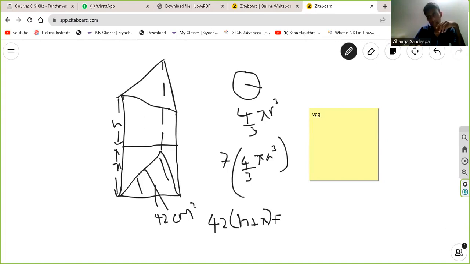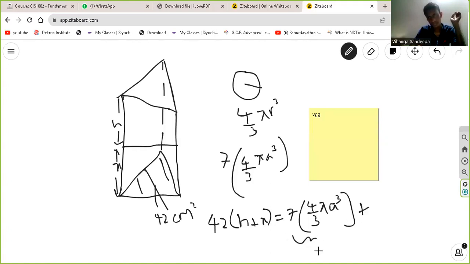It equals 7 times 4/3 pi a to the power 3, plus the rising volume.